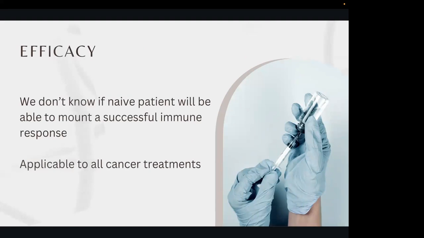And we don't know who's who ahead of time. The nice thing about this technology is that it's applicable across tumor types. It can be used for any species. We're using this in dogs, cats, horses. And I have yet to see a serious negative side effect.